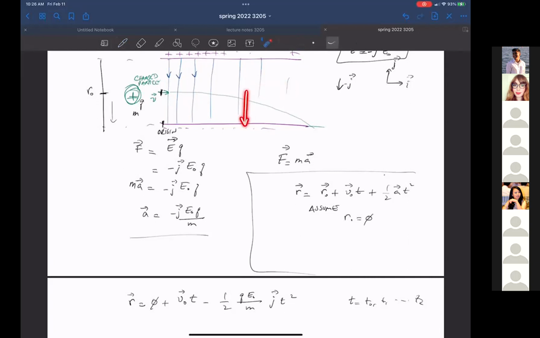The velocity in this direction is going to change with time because of the acceleration in the minus J direction. And as time goes on, that velocity is going to get higher and higher because there's a constant acceleration on that particle. Does that make sense?